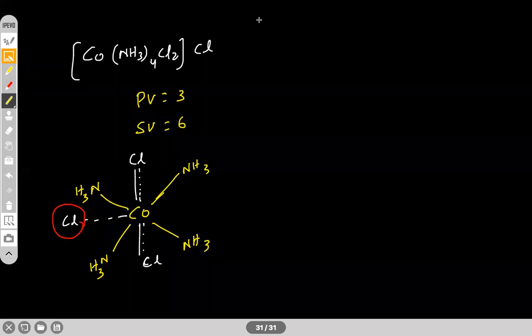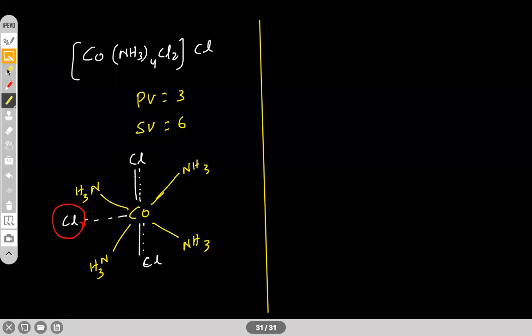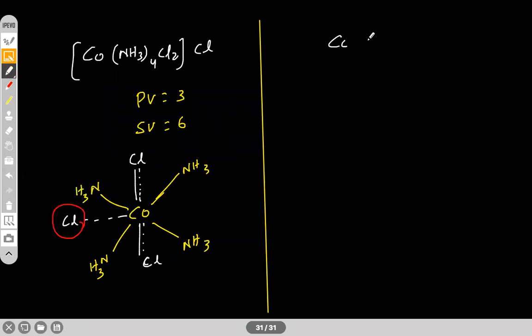We'll take one more. The same thing, we'll place all the chlorine atoms inside. Co NH3 3, Cl3, like this. Here also we have the same thing. Primary valency is the 3 oxidation state. Secondary valency is the coordination number.